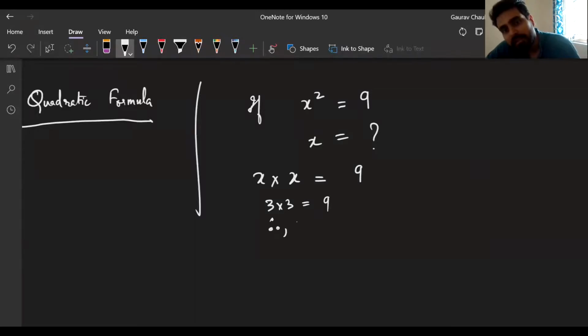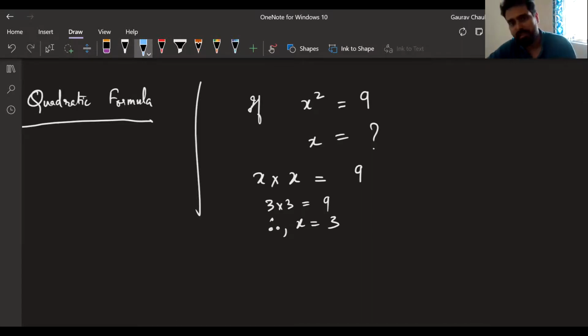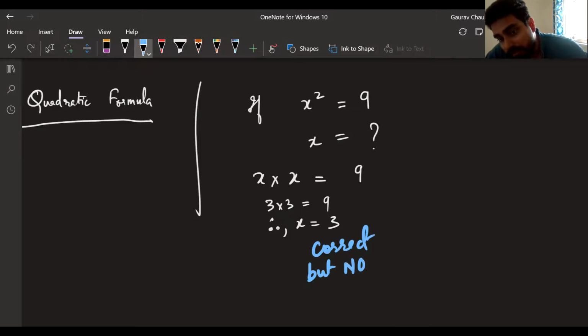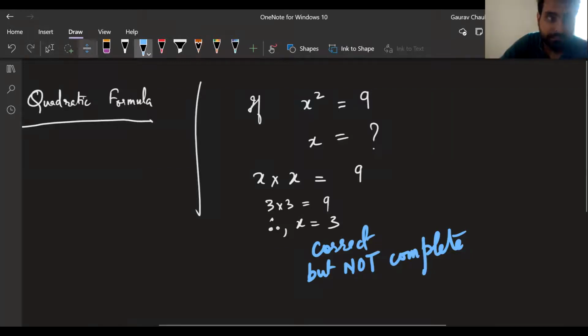Therefore, x is equal to 3. This part of thinking which everyone is doing, you are all correct. But it is correct, but not complete.